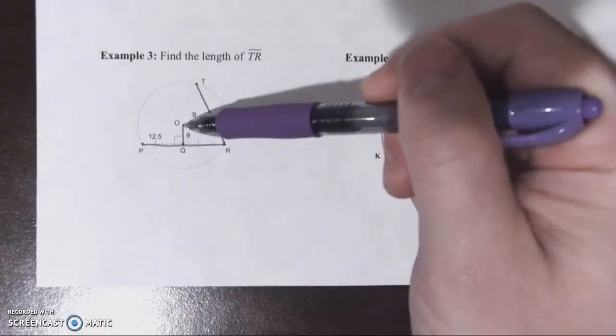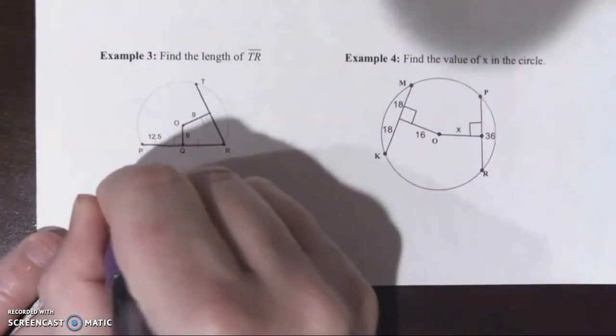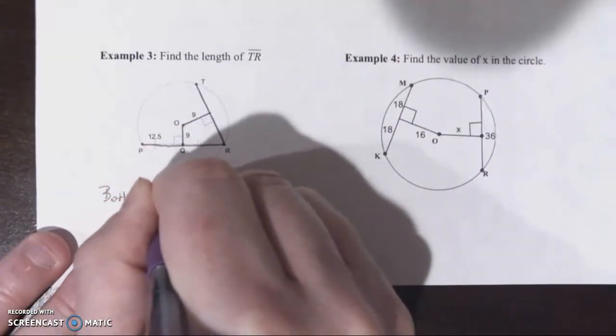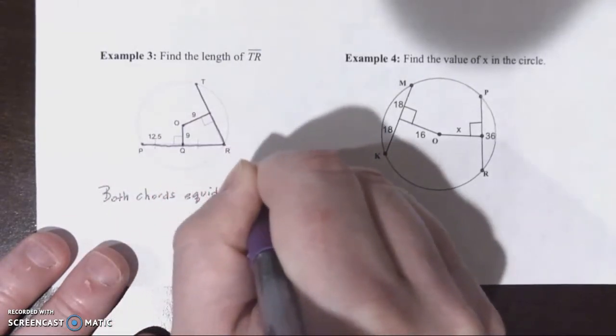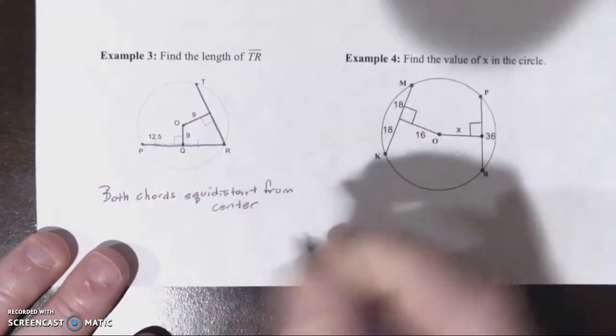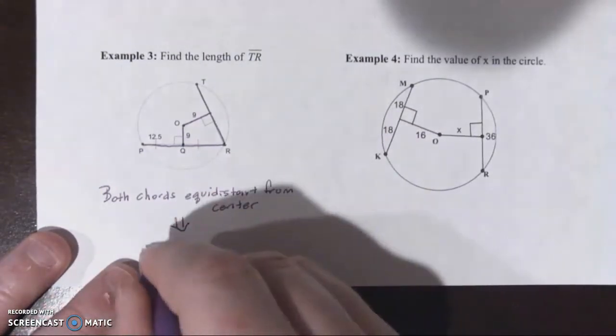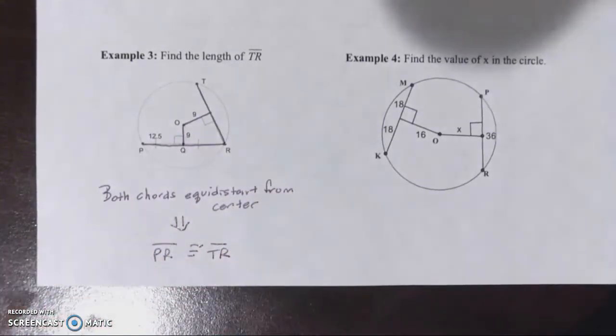PR is a distance of 9 from the center. So both chords are equidistant from the center.